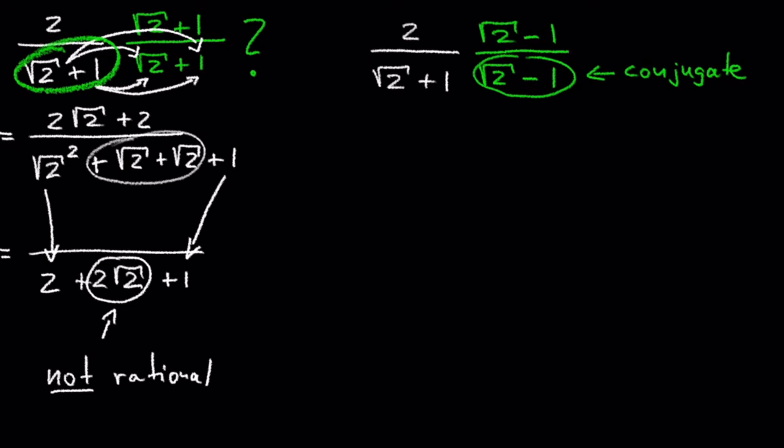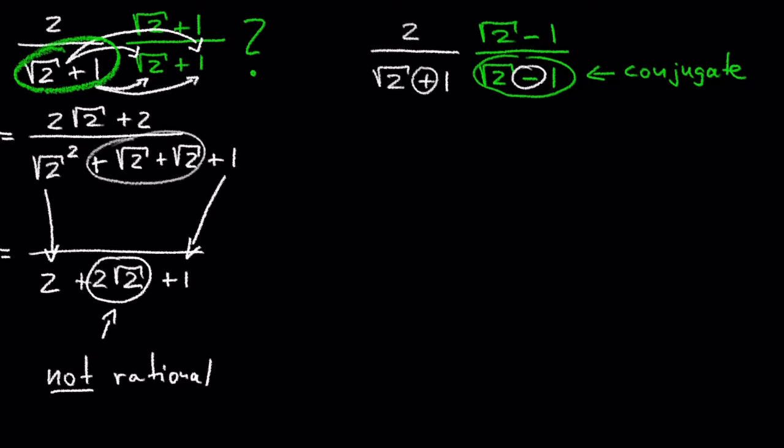So in problems like this, where we have a root and the number separated from each other, we have to multiply with the conjugate. In other words, we have to multiply with the same expression, but with the opposite sign used in the original problem.